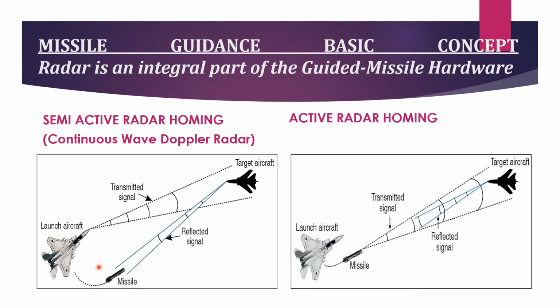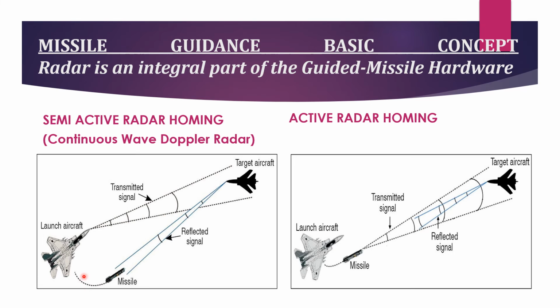The missile onboard receiver is actually getting what? The reflected energy. This is the reflected energy which is coming from the target aircraft, and this signal also contains the track information, and this is being received by the onboard receiver which is present in the missile.